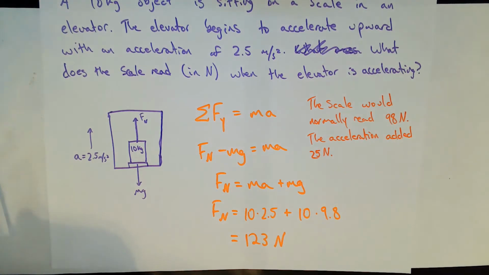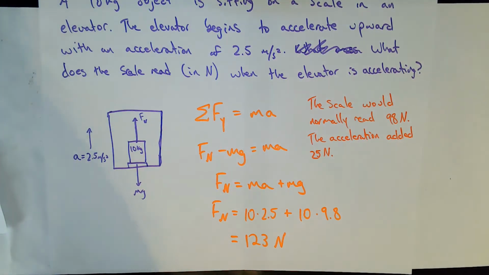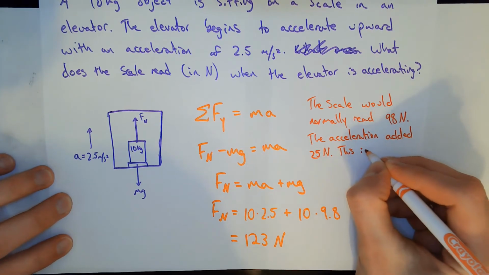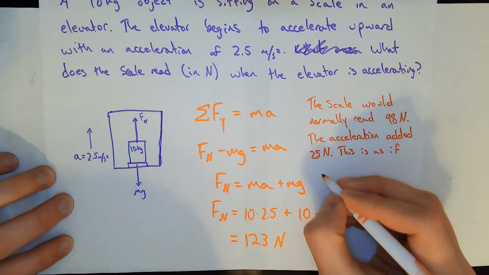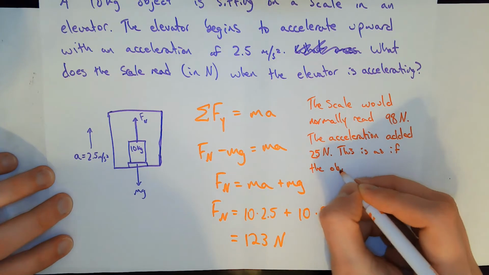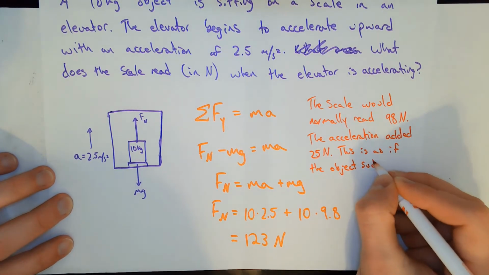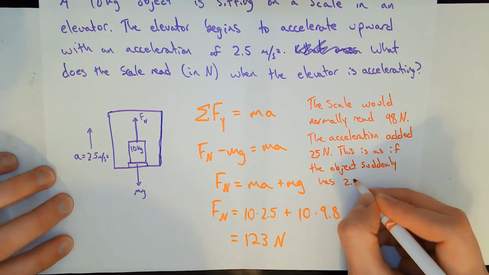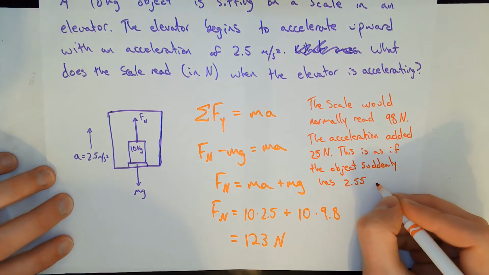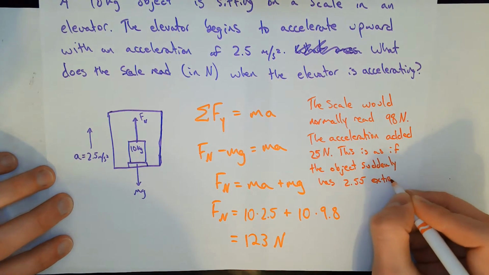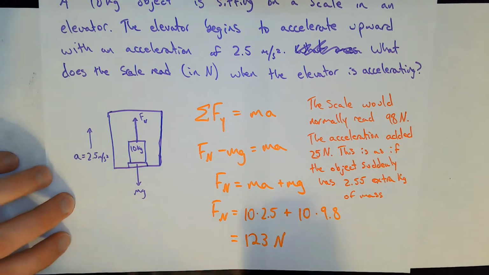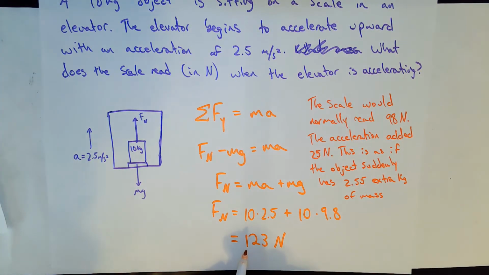So this is as if the object suddenly has 2.55 extra kilograms of mass, just by taking that extra 25 newtons and dividing it by 9.8 to get mass.